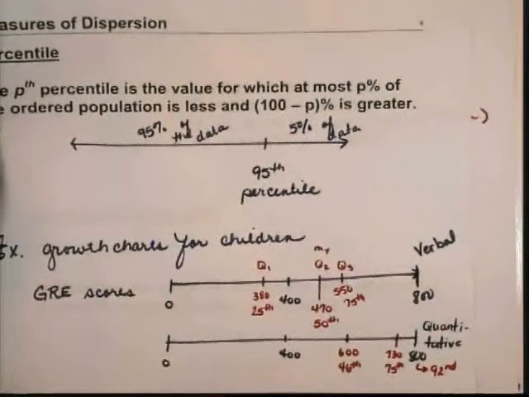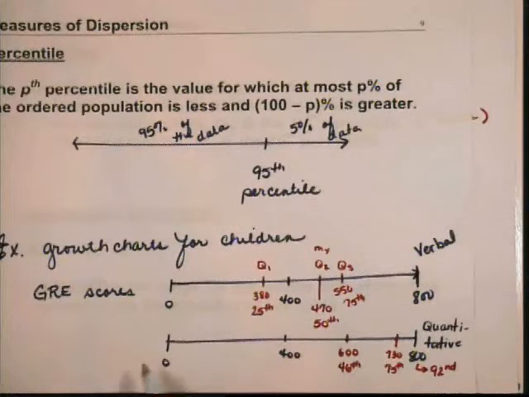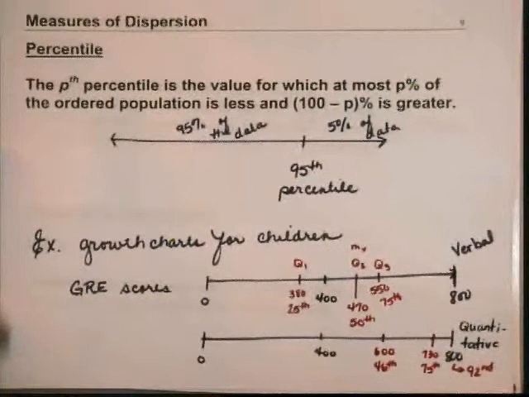Now, the one thing I wasn't able to get from that would be range, because we don't have what the high and the low scores are. I guess on the quantitative, we know there would be some 800s for high, but I don't know what the low score is. That wasn't released in the report that I was looking at. Okay, so how you compare with others then, it says other people taking this test, what percent are above you, what percent are below you.